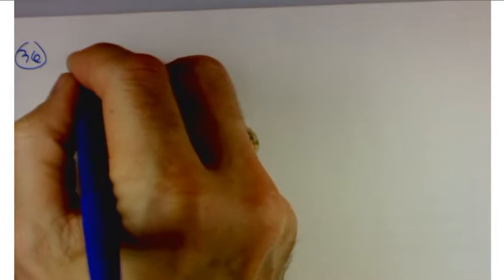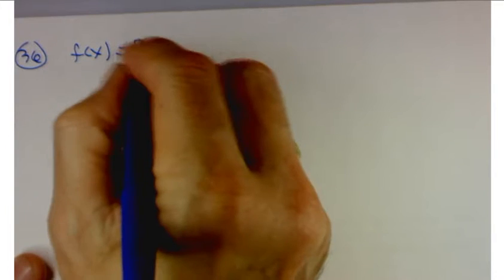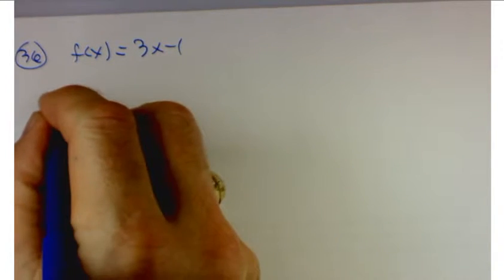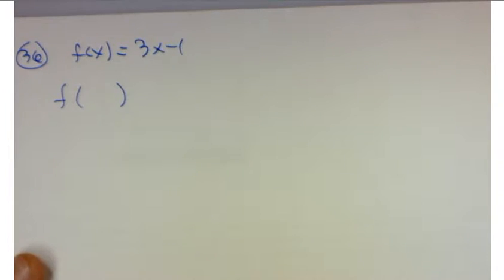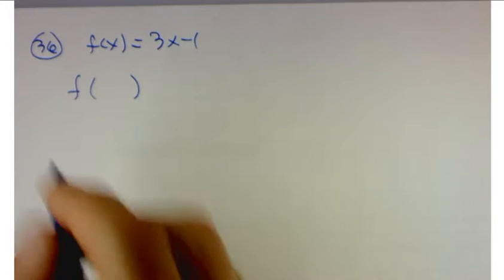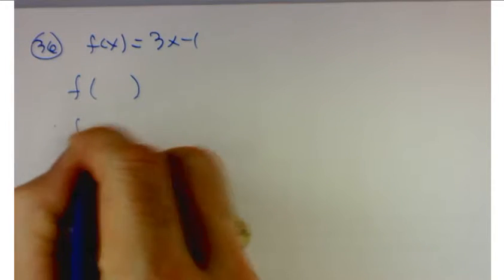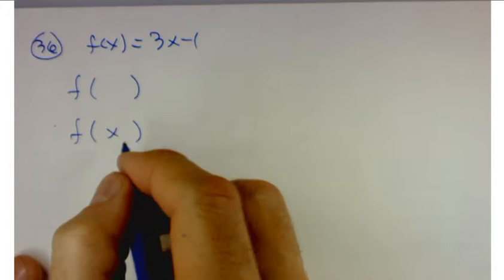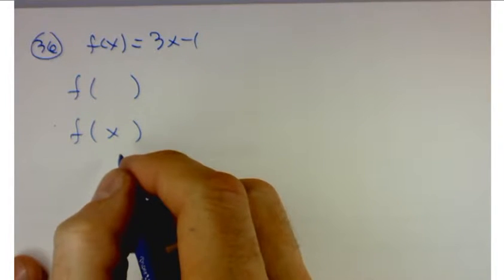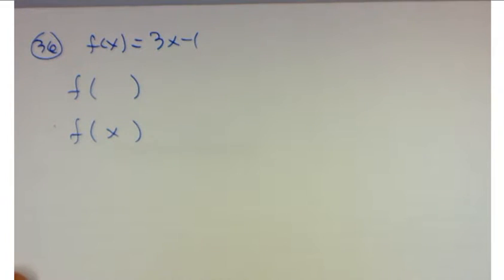Moving on to problem number 36. F of x is 3x minus 1. Again, you're going to be asked for a variety of things. And let me share with you what those things are. First, I want f of 2x.